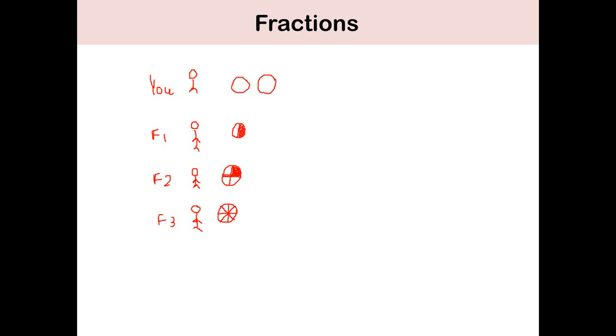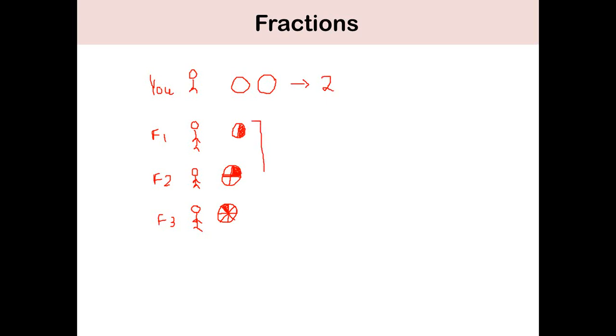All are equal parts, equal pieces, and your third friend took only 1 piece out of that. Now your mother asked how much paratha each one of you ate. Then you said, Mother, I ate 2 parathas.